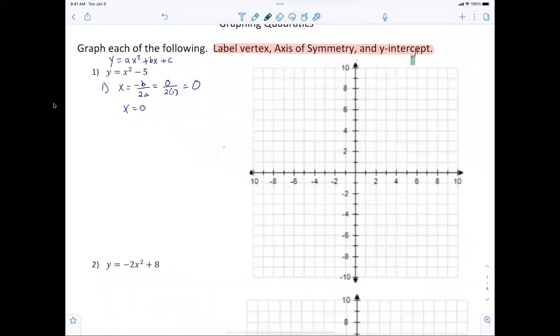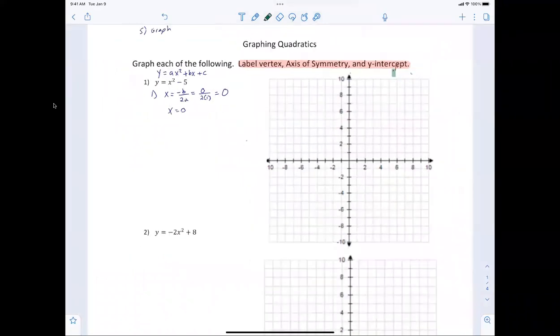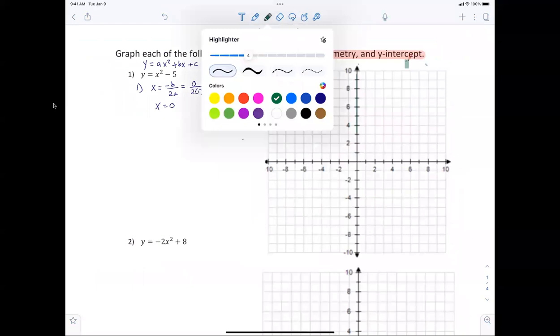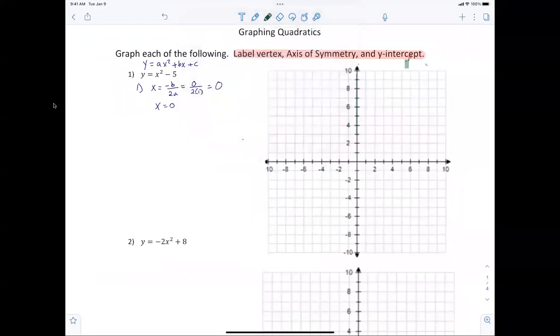So here is my axis of symmetry. Well, maybe it's not so easy. Here's my axis of symmetry, x equals 0. Everybody's okay with that? That's the axis that splits the graph in half.